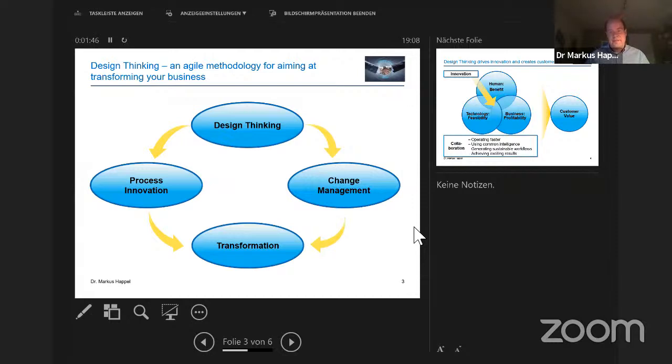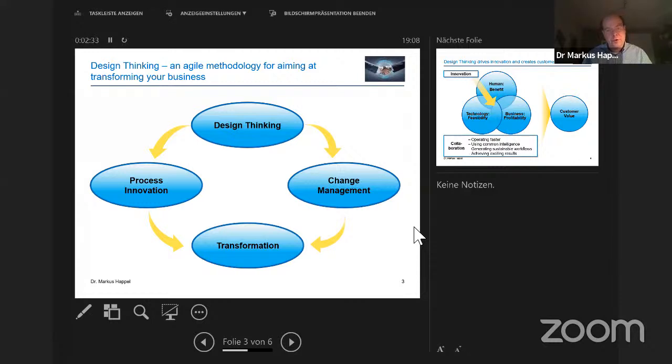So, going into the details, design thinking. What is design thinking? It's a methodology, first of all. It's an approach for how you can reach certain goals, and also ideally to transform your business. And it's not only a methodology, it's also, as we call it today, an agile methodology, or a part of agility methodology. That means in the past we had a waterfall approach for doing our projects.